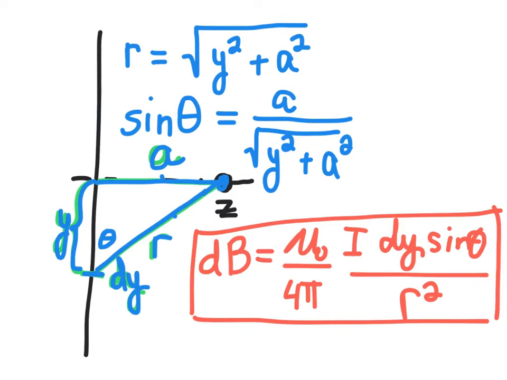Now I'm going to substitute in some of the expressions that I've already used. The first thing is I'm going to substitute the sine theta expression and the r expression.